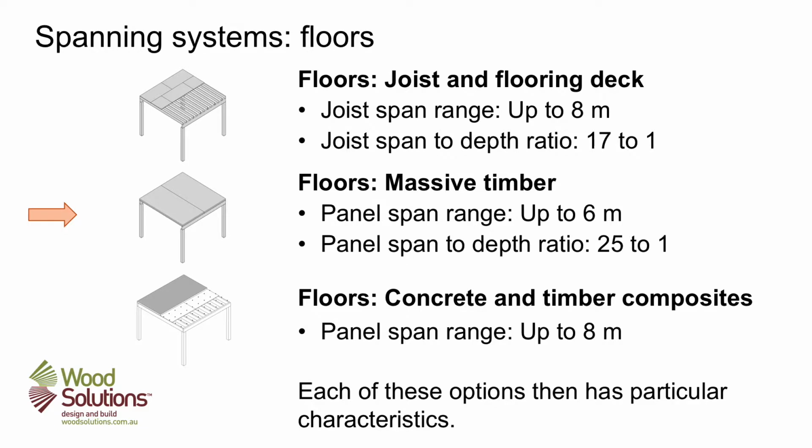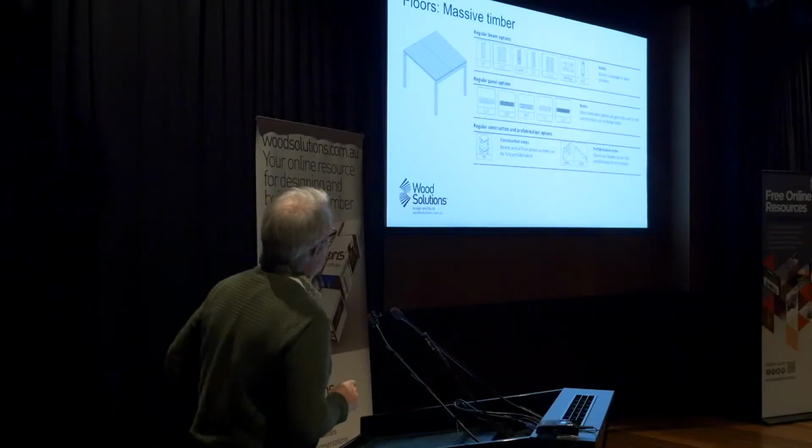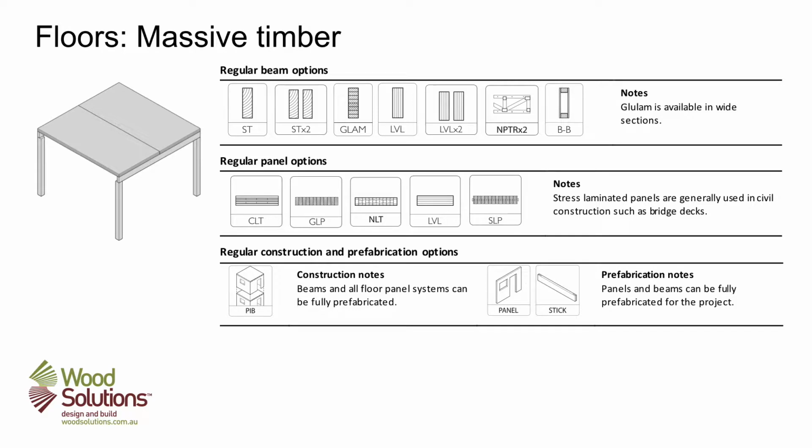Now, if we take massive timber as our example in our project, we would then go to the detail in the guide of the massive timber option. So here's our massive timber drawing on the left, and across the top we then have regular beam options, because obviously if we've got a CLT panel, we've got to put it on a beam.